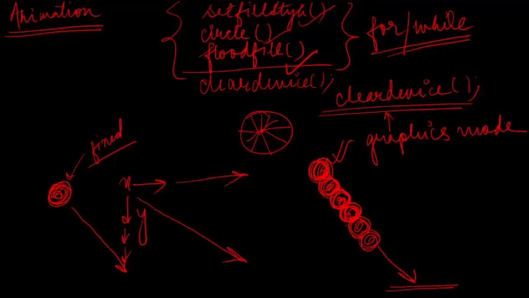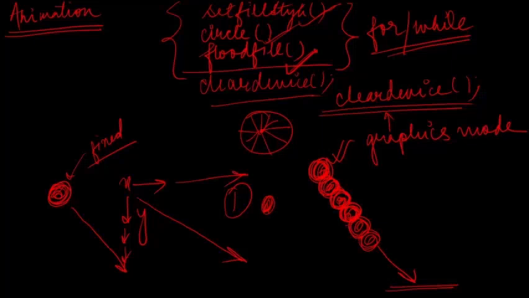Every time the loop executes, suppose it's the first time, it will draw a ball. How? It will set the fill style, draw a circle, and flood fill it. Now it will clear it.